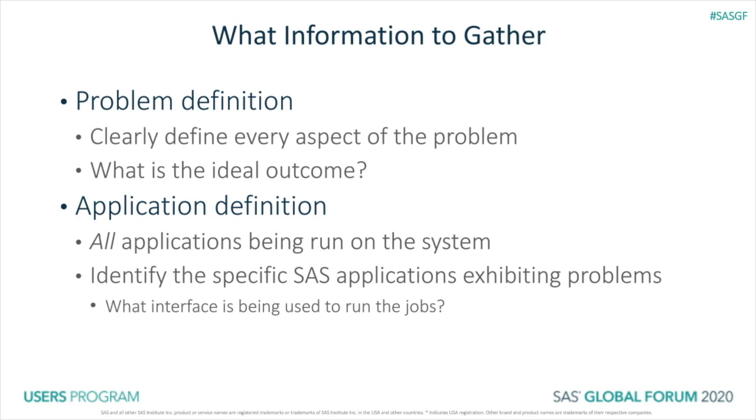In this, you need to make sure that you identify the specific SAS Viya applications that are having the problems, because that really changes how we go about looking at all the information, whether it be visual analytics or visual statistics or something else. Also, what interface is being used to start or run the SAS jobs in question? Are they being run via batch or via SAS Studio or Enterprise Guide?